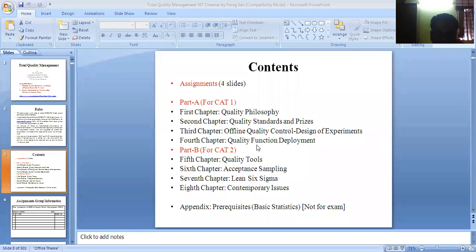This is a very lengthy chapter. After that, we will be completing the sixth chapter, acceptance sampling. So we will be able to complete the entire syllabus. So today we will focus on the fractional factorial design.